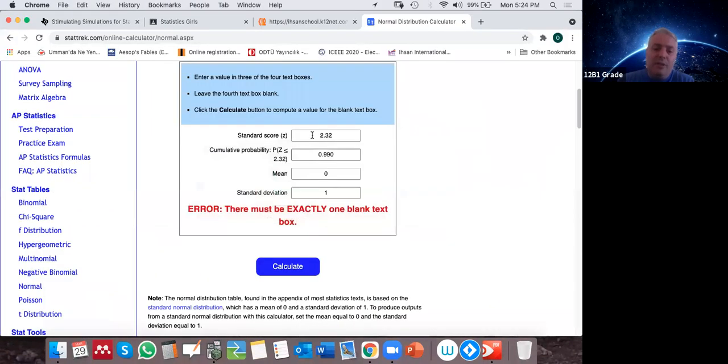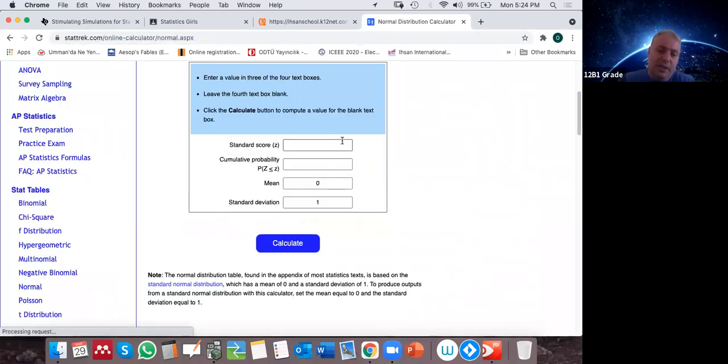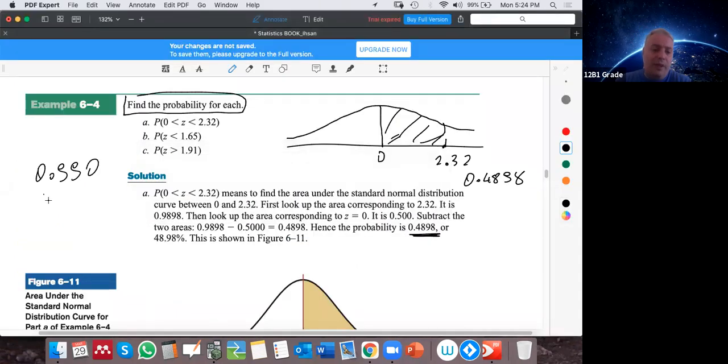When you have the 0, again refresh the page and put 0 here, and you will see probably 0.5. Let's see, yes, 0.5. So 0.9954 minus 0.5 gives 0.49. So when you round 0.4898, it will be 0.49, which is acceptable, which is correct. Okay, if you use that one.